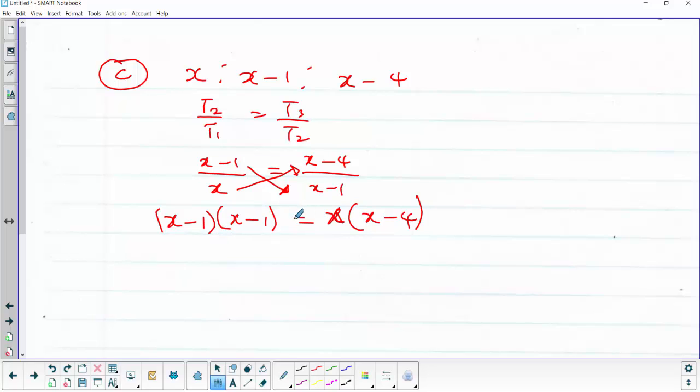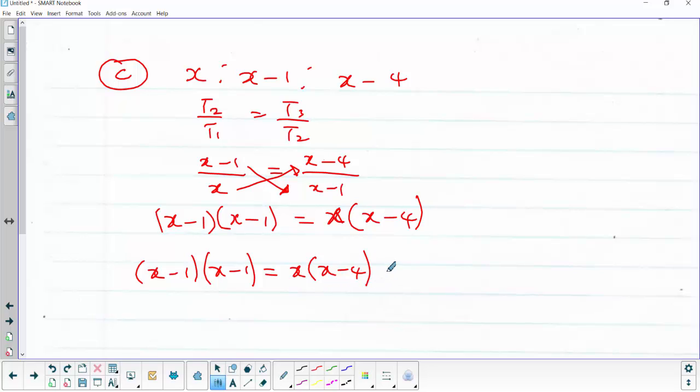This is the formula to determine our common ratio. So let us now compare with our answer. You remember that we are given the answer as x minus 1 into x minus 1 equal to x into x minus 4.